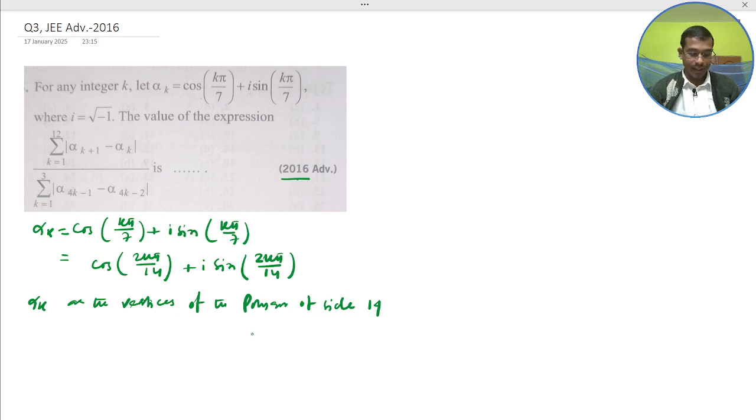So let the side length of the regular polygon be modulus of alpha_(k+1) minus alpha_k. This is the length of a side of the polygon.